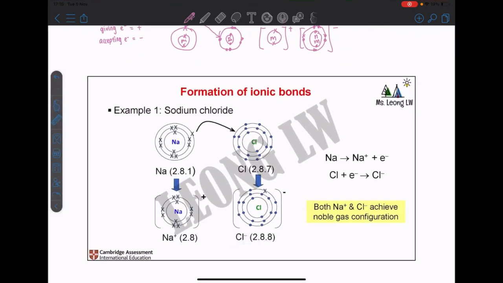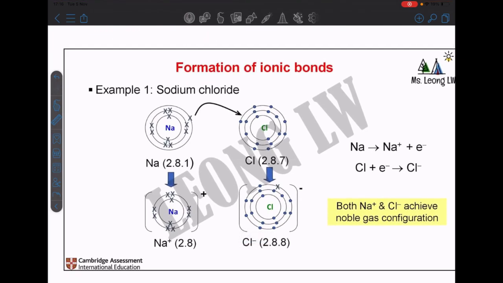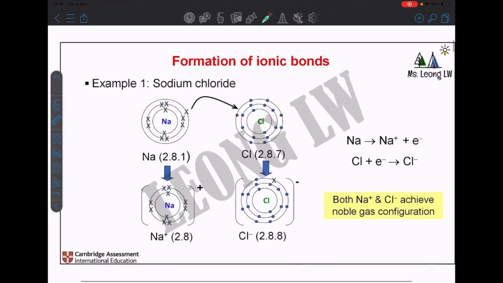So in this example, we'll see sodium chloride. As you can see here, sodium has 1 electron in the outer shell. That means the full outer shell is not fulfilled because, like I said, it has to be either 2 or 8. So in this case, sodium has only 1, and for Cl, it has only 7 here. So how do we make sure that both of them are fulfilled?